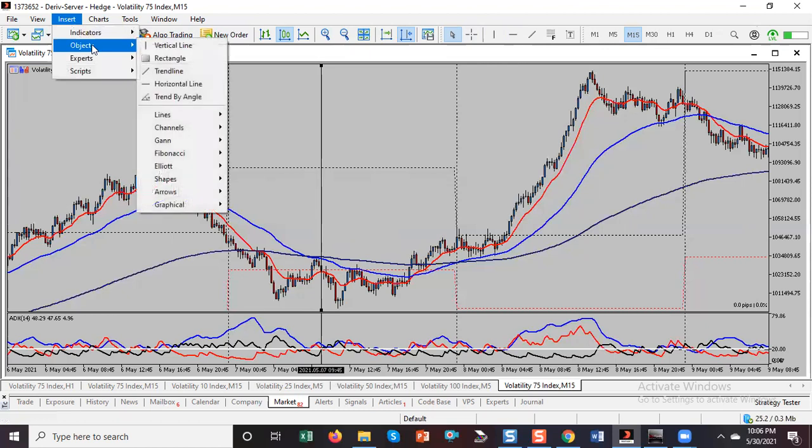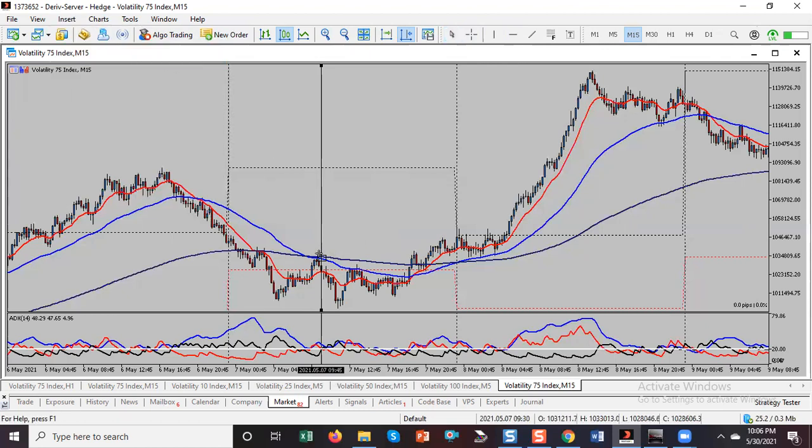So you're going to be taking your entry at this point. As soon as the cross has happened here, this is your entry. Your entry is going to be at the close of this candle.